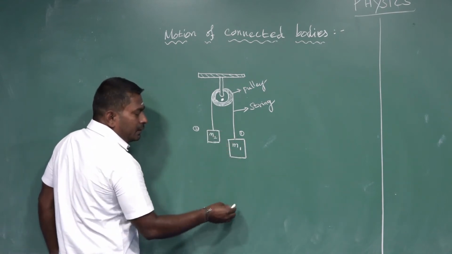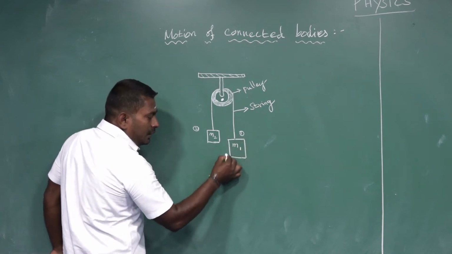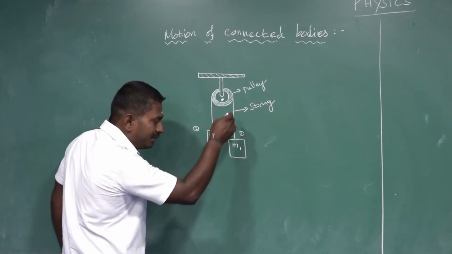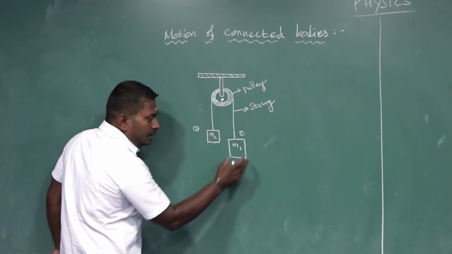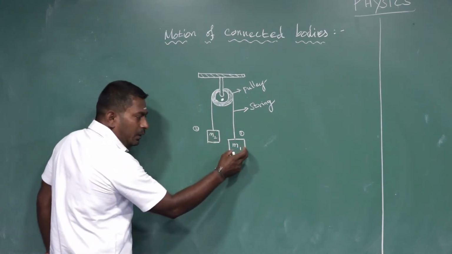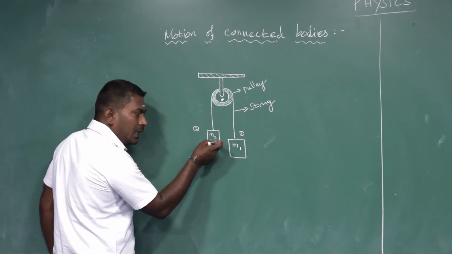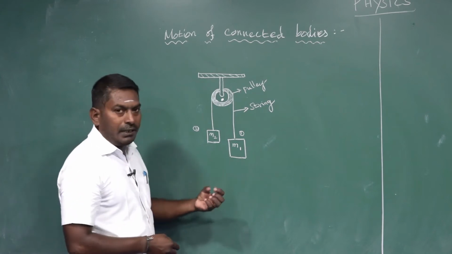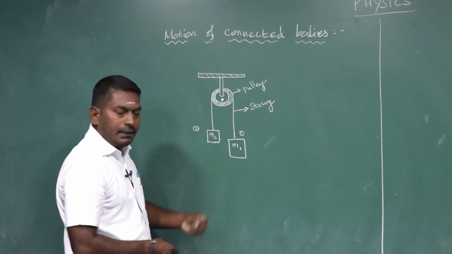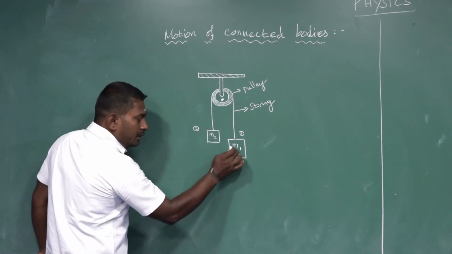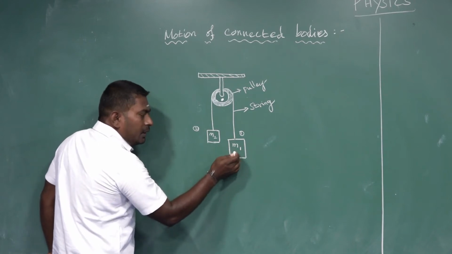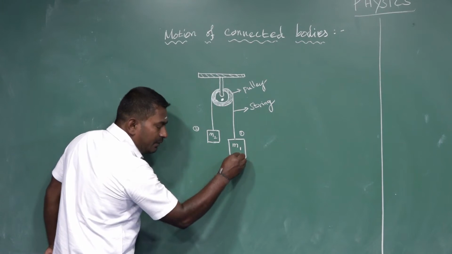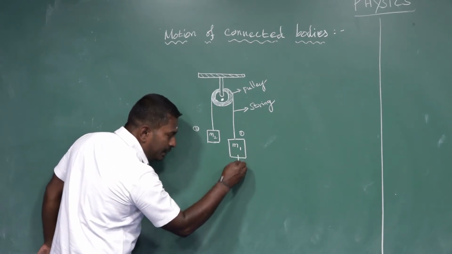So after that, the block of mass M1 experiences gravitational force in the vertically downward direction. Not only the M1 block, not only the M2 block, any mass experiences gravitational force vertically downward. So M1 experiences gravitational force M1G acting vertically downward.